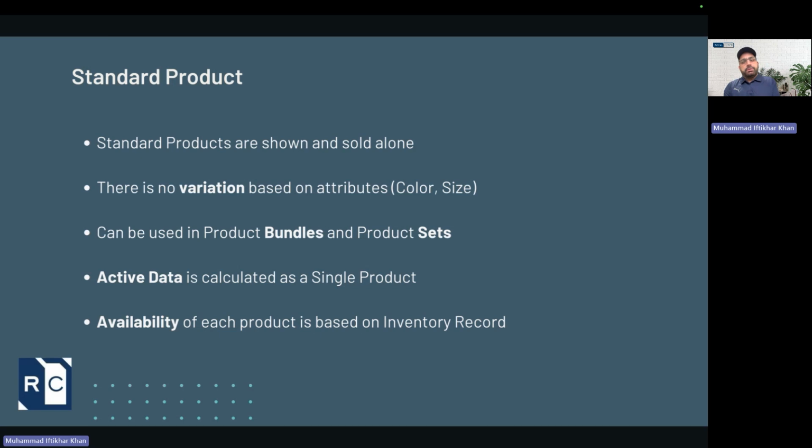And regarding the inventory record, the inventory record of this standard product resides in the system as a one-to-one mapping between the inventory record and the standard product. So single SKU. So this is all about the standard product. We will check this later in the Business Manager. But it's a basic level of product that you can define in the Business Manager.